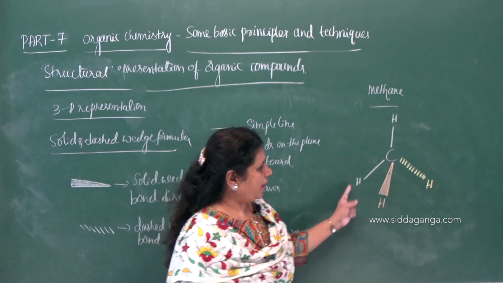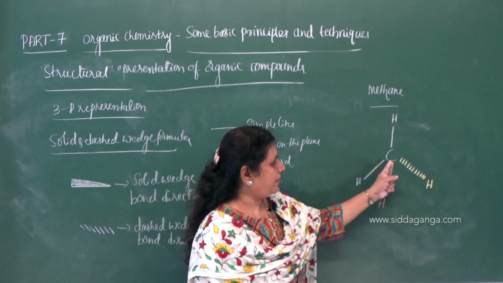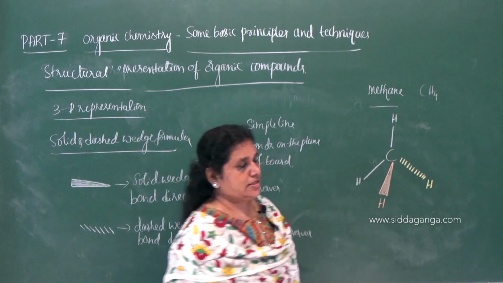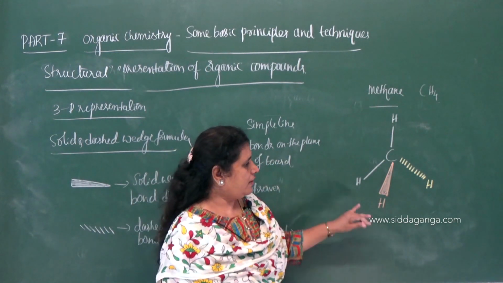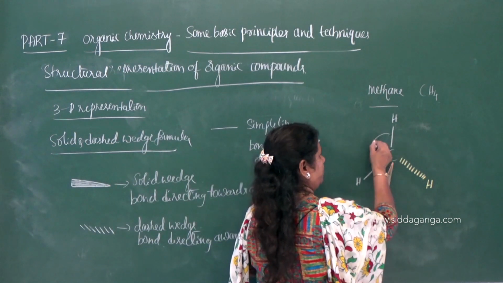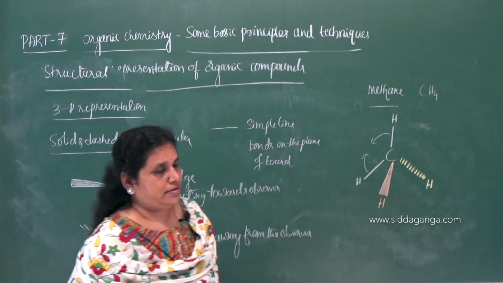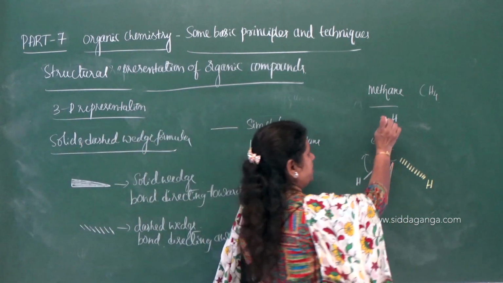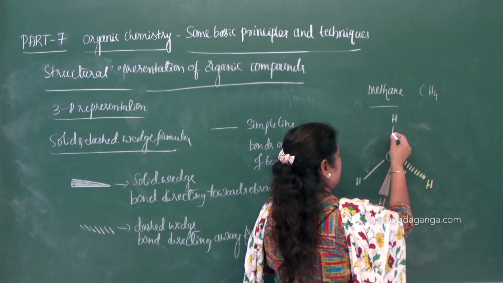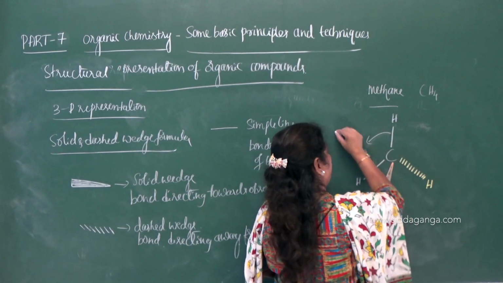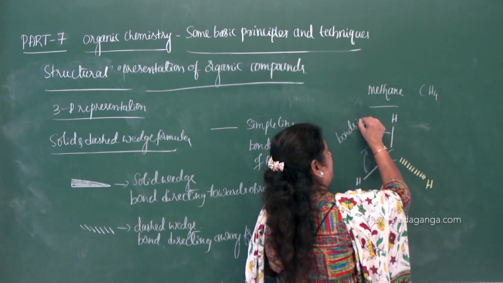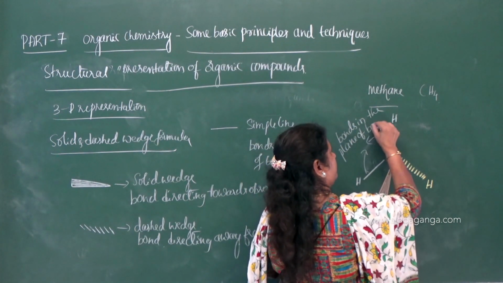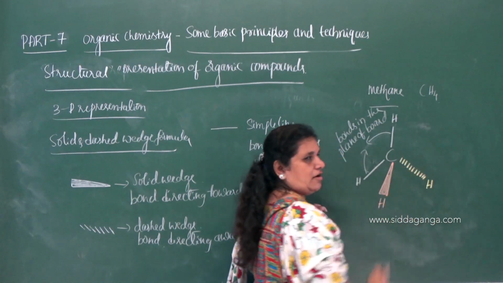See here, 4 hydrogen atoms are bonded to the carbon, that is the methane molecule, with formula CH4. This is the 3-dimensional representation of the methane molecule. So these two bonds are simple lines, representing bonds in the plane of the board.